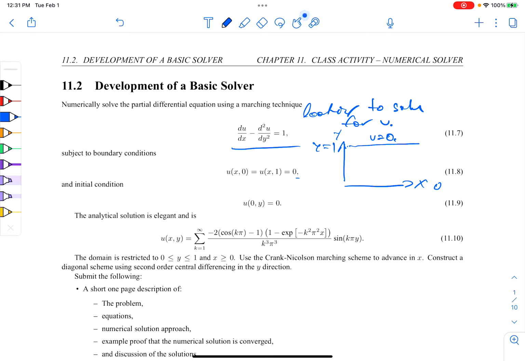Okay, so that's the domain. And then I give you an initial condition. Now, I'm in spatial coordinates, but I'm calling x an initial condition, which is usually time in, say, CFD. So this is u of 0, comma y, and here's something I don't know.